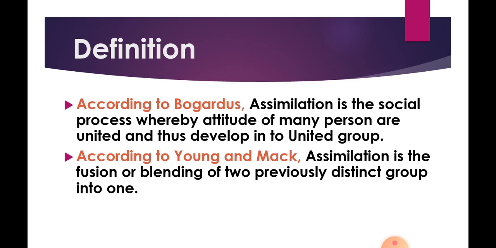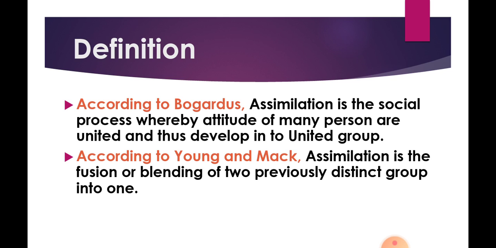According to Bogardus, assimilation is the social process whereby attitudes of many persons are united and thus develop into a united group. It means assimilation is the social process where different attitudes of people come together and meld and form a new united group.